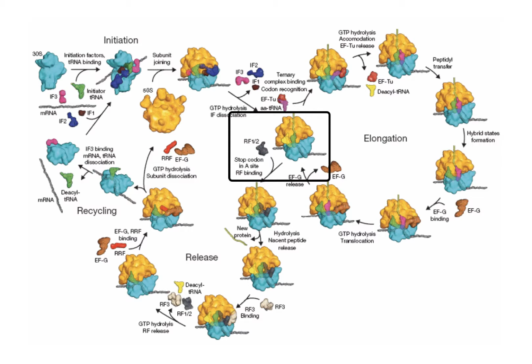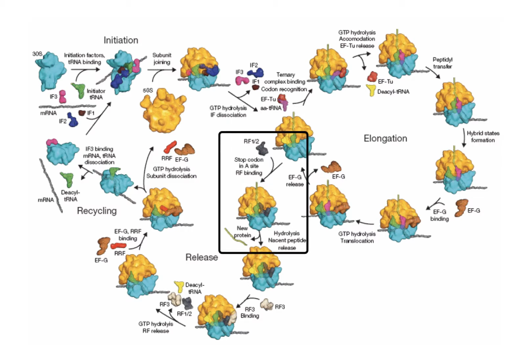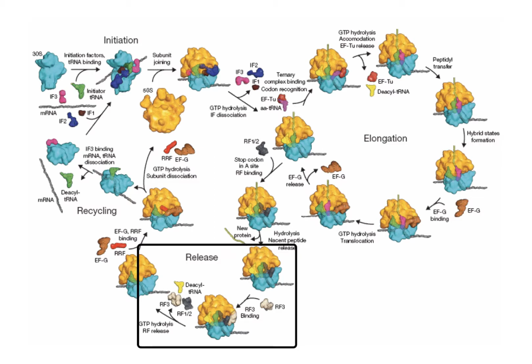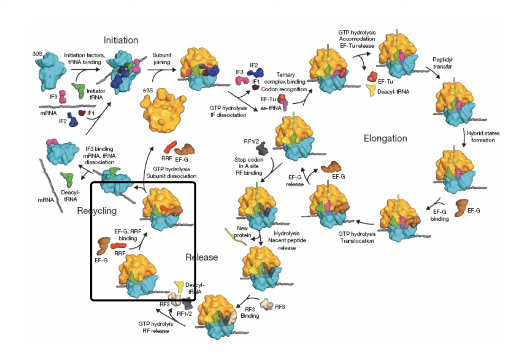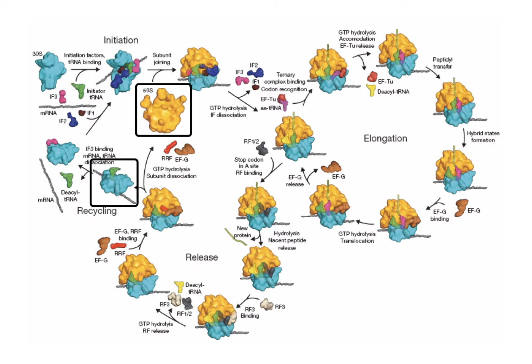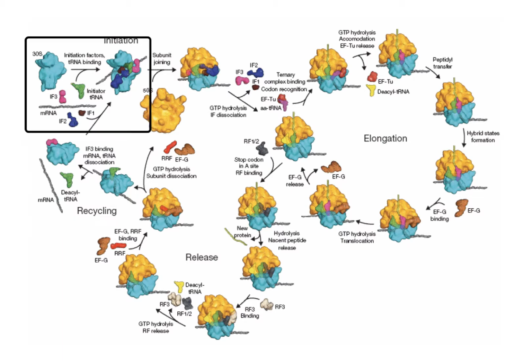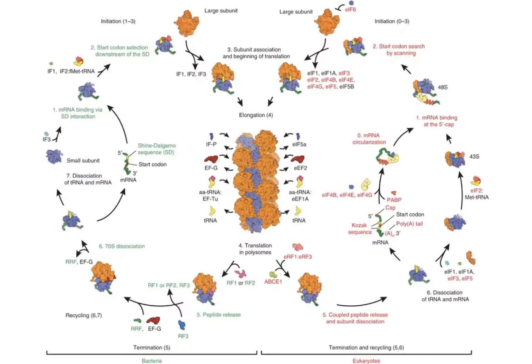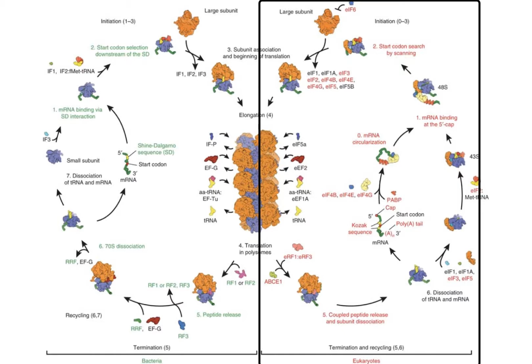This causes a hydrolysis of the nascent peptide, so the polypeptide comes off, and then some of the release factors are dissociated from the ribosome, and some other release factors pop in to pull apart the large and small subunits of the ribosome, and they then cause release of the mRNA, and then you start the whole process over again. Here is a comparison between bacterial translation and eukaryotic translation.